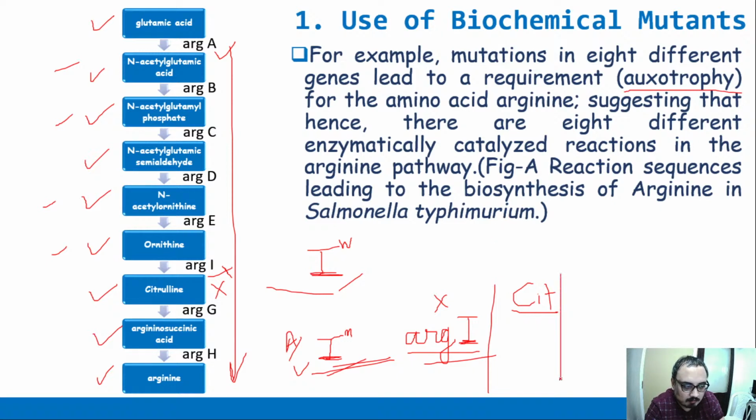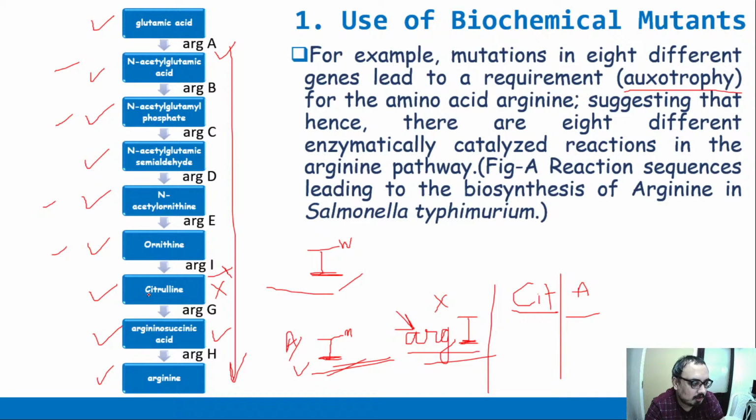Again I will form a new medium in which argininosuccinic acid will be added, and none of the above chemicals will be added, and I will check whether arginine is produced or not. Arginine will again be produced because the mutation is at arginine I, not at the arginine H enzyme, the H gene.